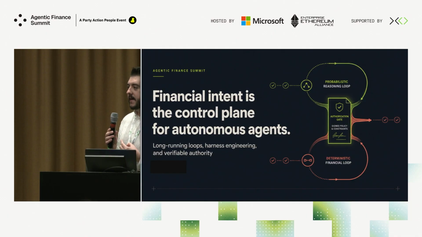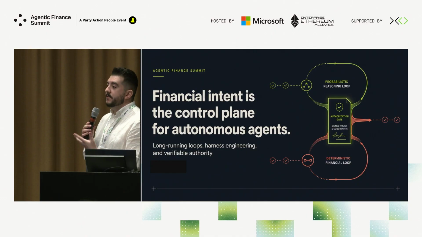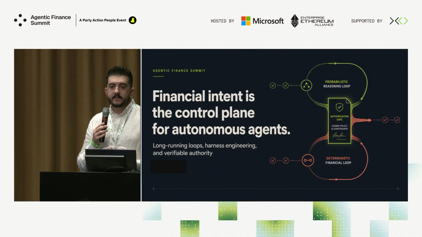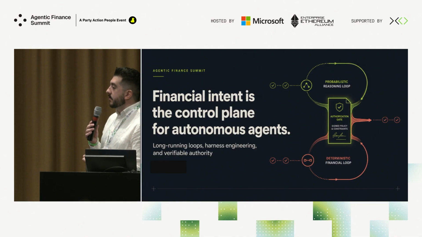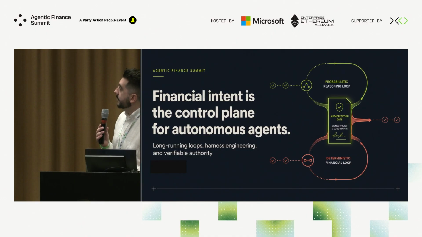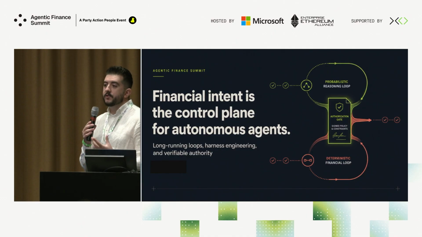So in finance, we have deterministic steps and gates. And also we have probabilistic or non-deterministic machines, which are the large language models. And the art and science is basically just combining these 2 loops together and using some authorization gates and human judgment going forward.